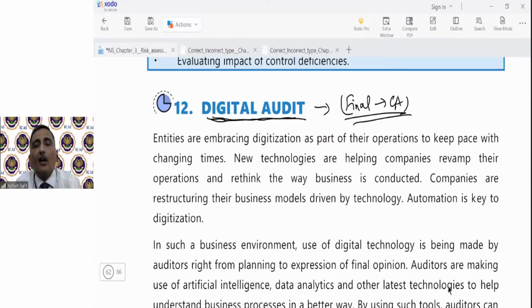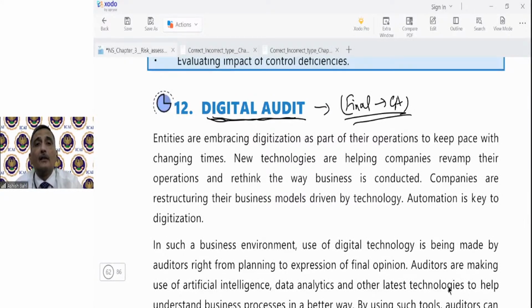But in digital audit, the auditor is making use of IT tools, IT technology, right from the moment he plans the audit till the submission of audit report, till the final expression of opinion, including assessment of risks also.